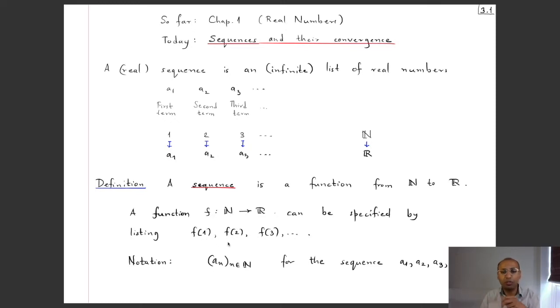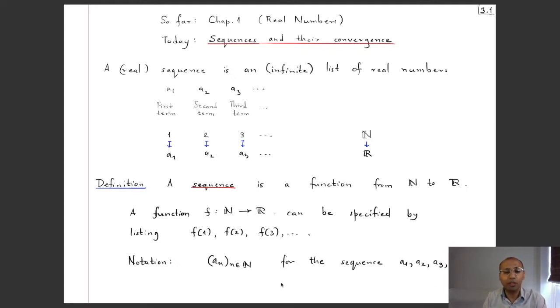This is the first member of the list, the second member of the list, the third member of the list, and so on. The notation is a little bit different in that we list these values sequentially as a1, a2, a3, and so on, these real numbers, with the understanding that f maps 1 to a1, 2 to a2, 3 to a3, and so on.